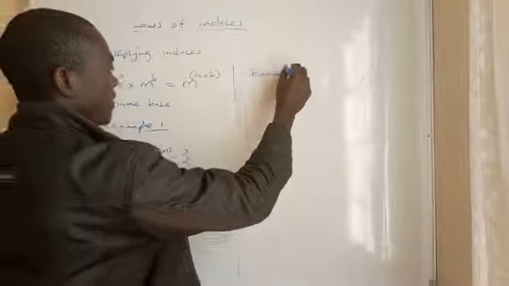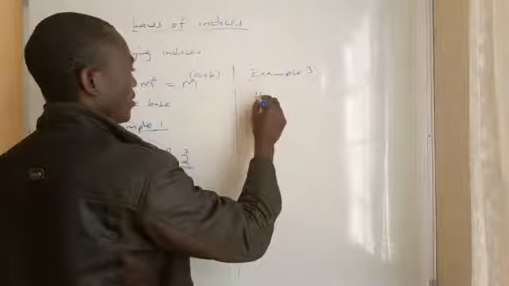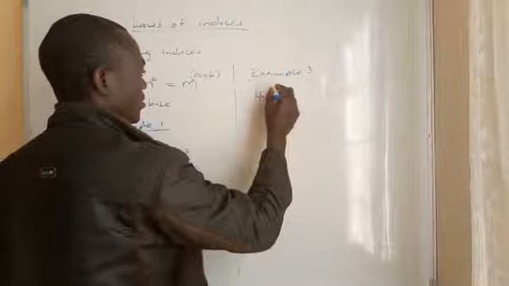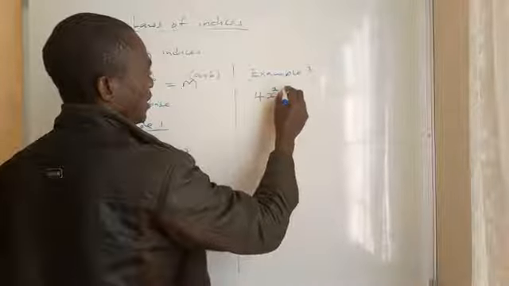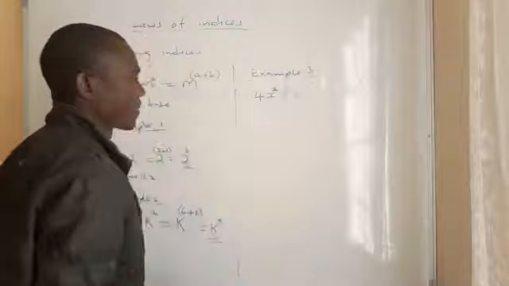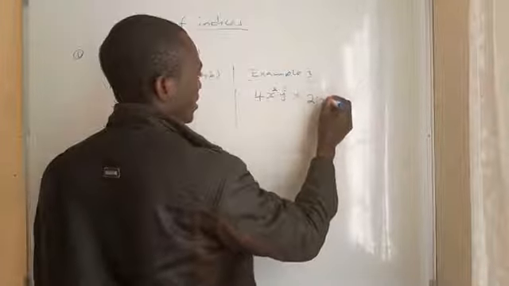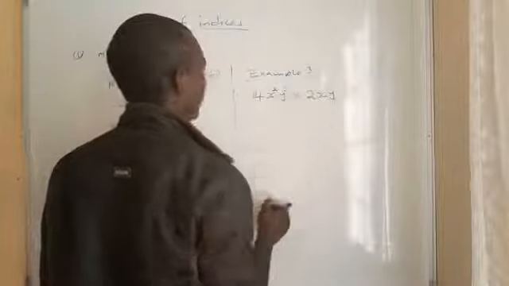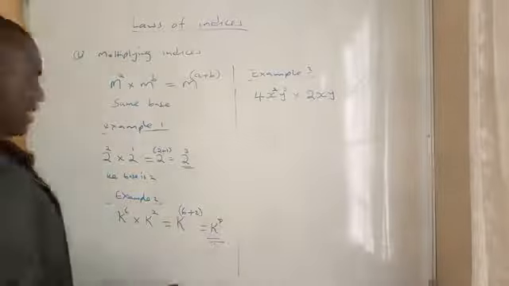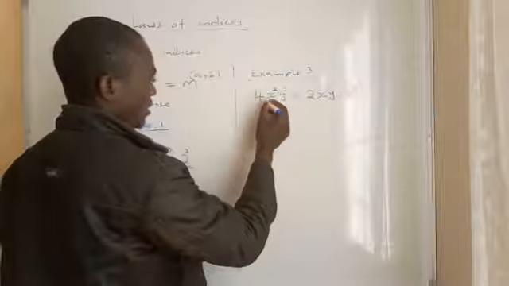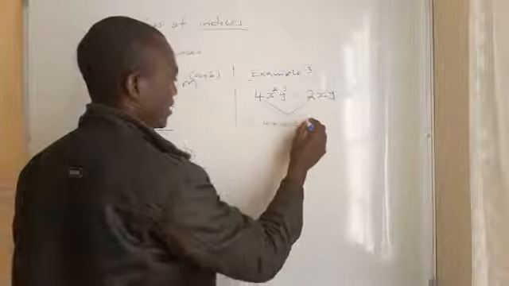Another example here. Example 3. If I have, for example, 4x squared y cubed times 2xy, what will be the answer if we use the law of indices? This is multiplication, so we will deal with numbers first, separately. 4 times 2, that is 8.